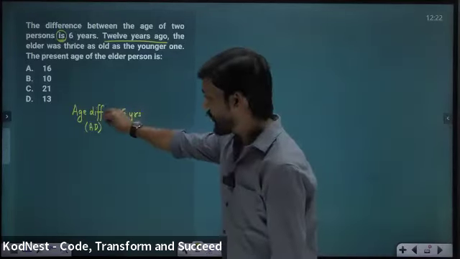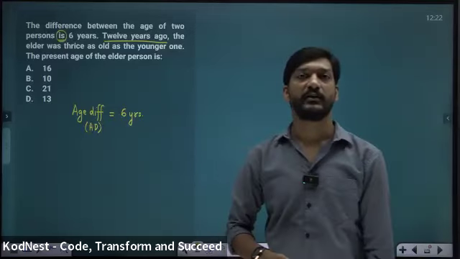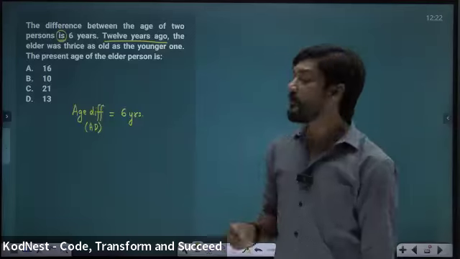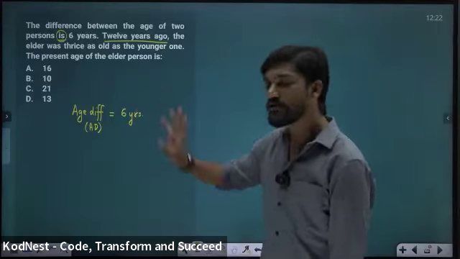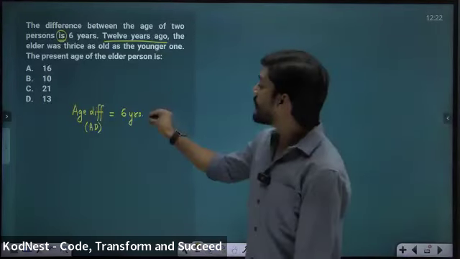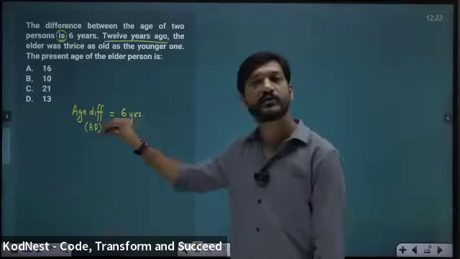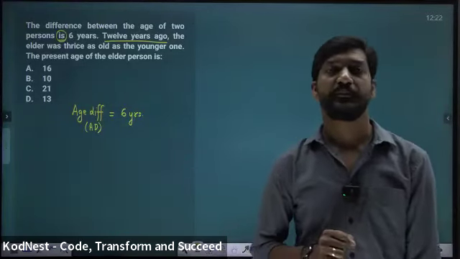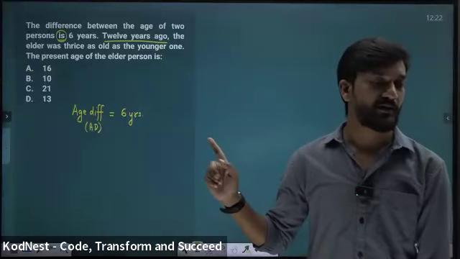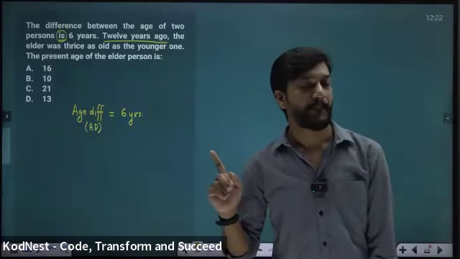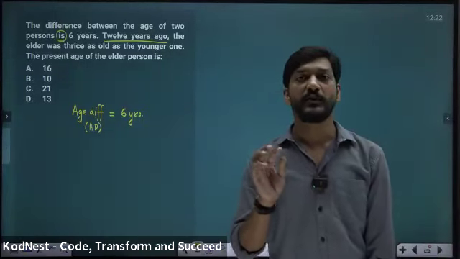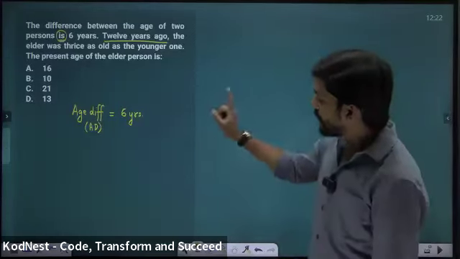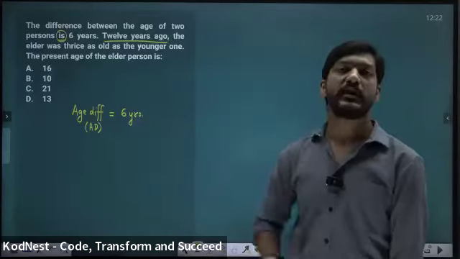It is age difference. It will never change. So if somebody says it belongs to present, he is right. If somebody is saying it belongs to the past, he is also right. If somebody says age difference is 6 years in the future, he is also right. So again asking you, should I write the time also? No. Something which never changes, don't write the time. And what never changes? Only one thing, that is the age difference. It will never change.